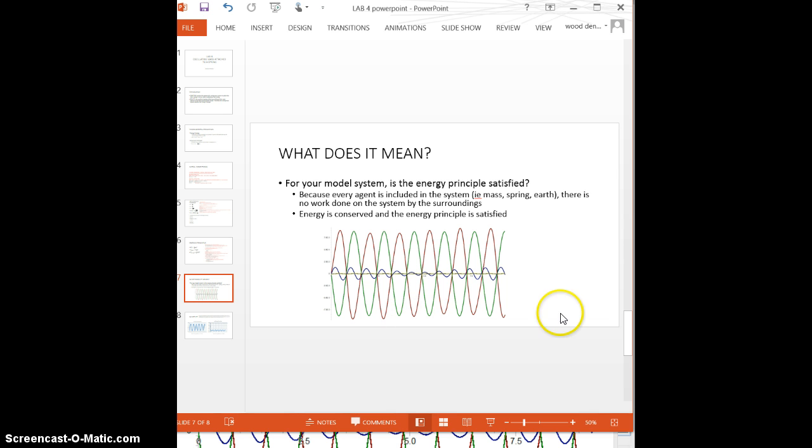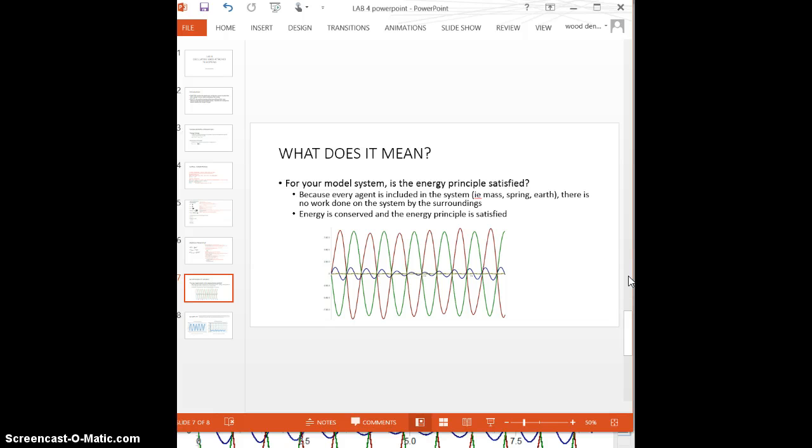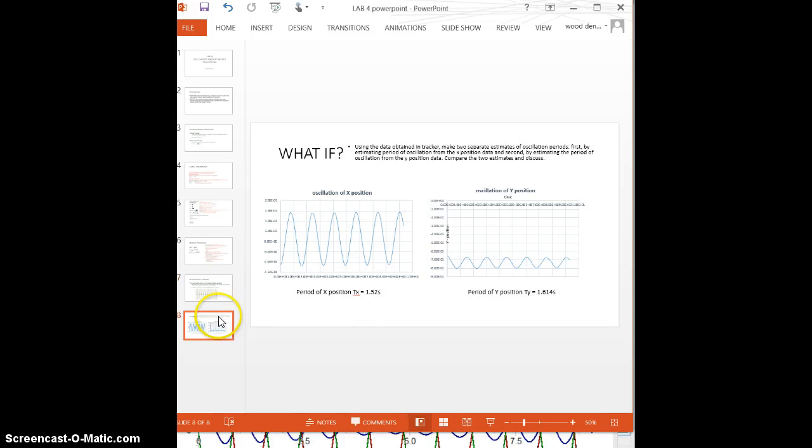So what does this mean? Because every agent is included in the system, there are no outside agents in the surroundings doing work on the system. Therefore, energy is conserved and the energy principle is satisfied.